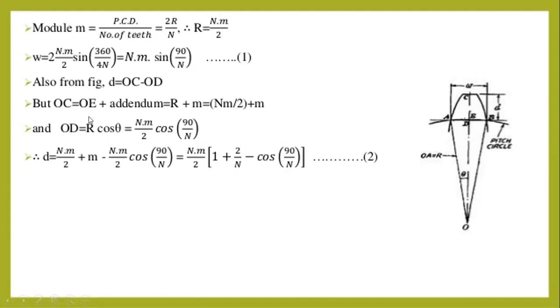Then also from the figure, CD is taken as OC minus OD. Therefore, OC is equal to OE plus addendum, that is R plus m.